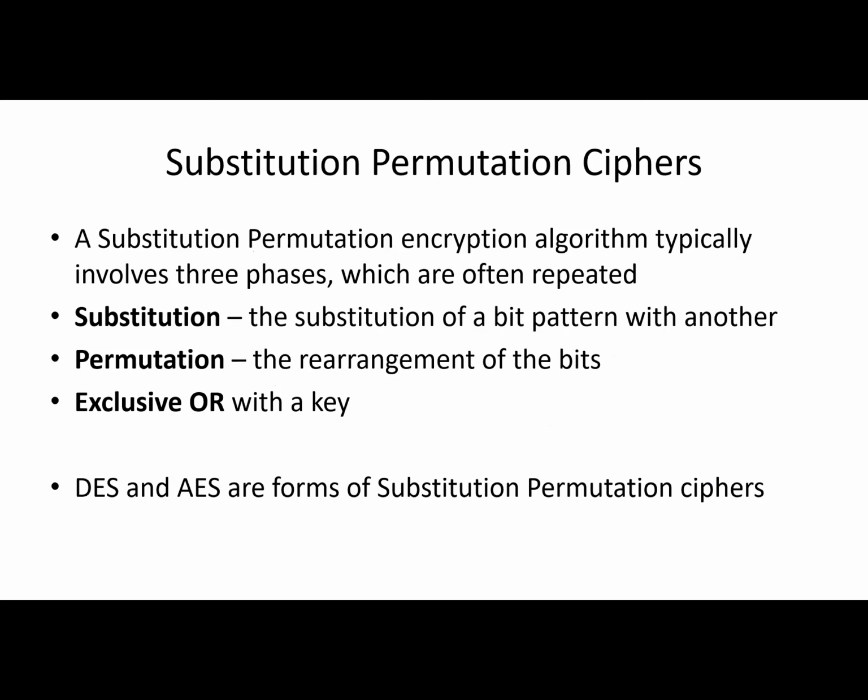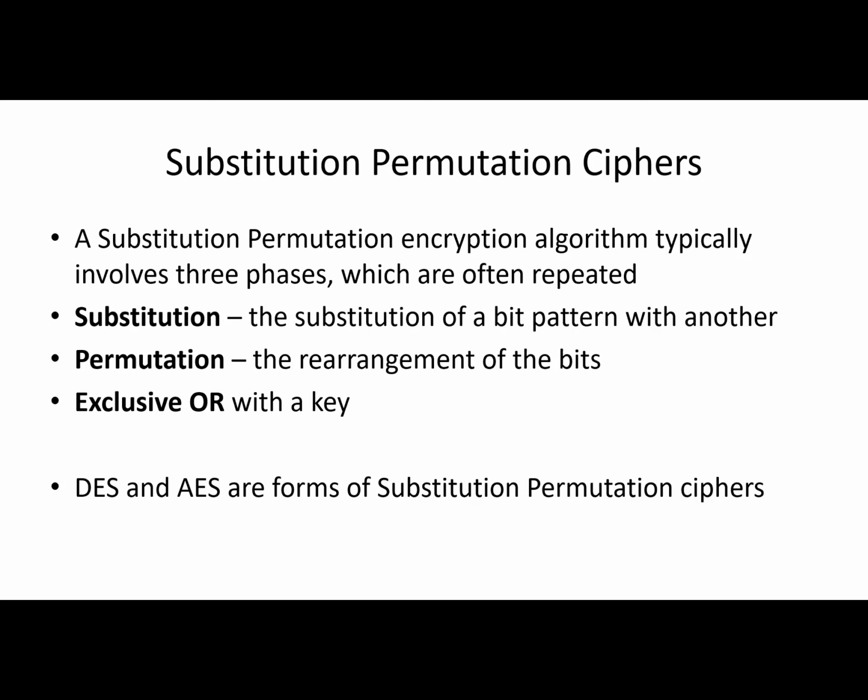Okay, we're going to talk about a major type of encryption algorithm called the substitution permutation ciphers, of which AES and DES are the most popular forms, and those are used a lot. And they're both very similar, and you need to have a rough idea how this works. There are basically three parts to the algorithm.